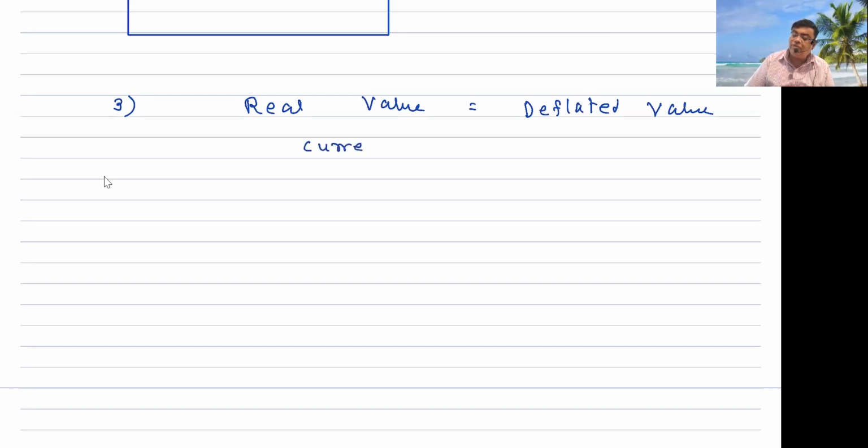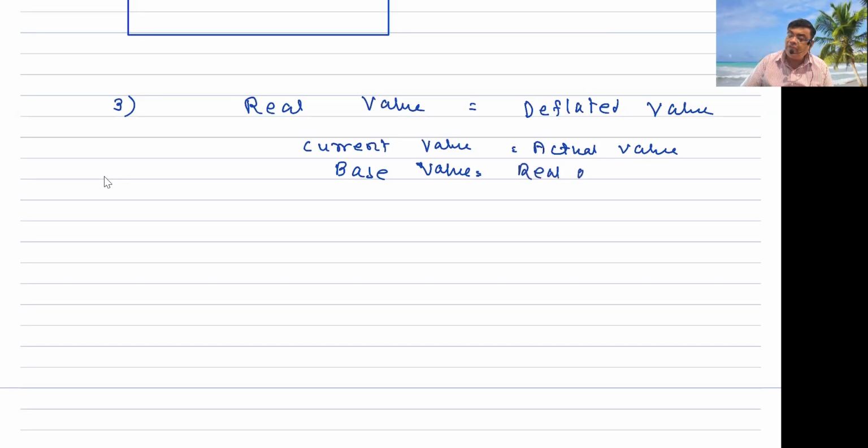Whatever is the current value is the actual value, and whatever is the equivalent value in the base year, that base value is nothing but the real or deflated value.